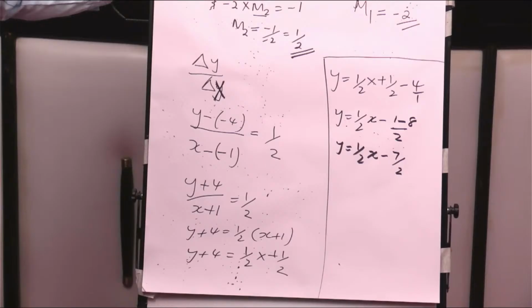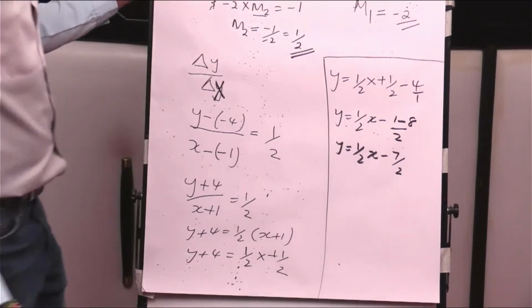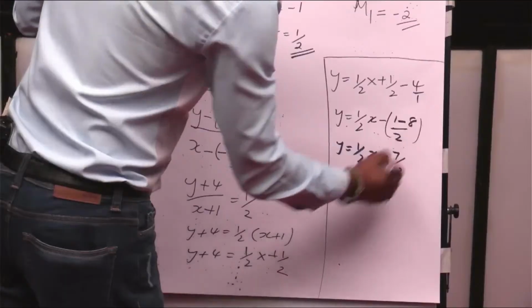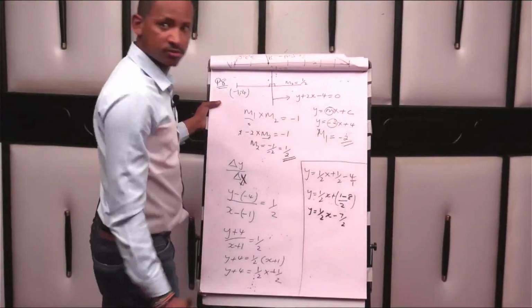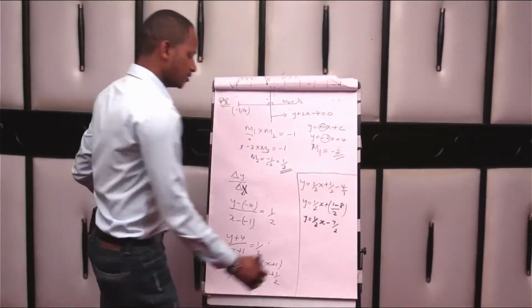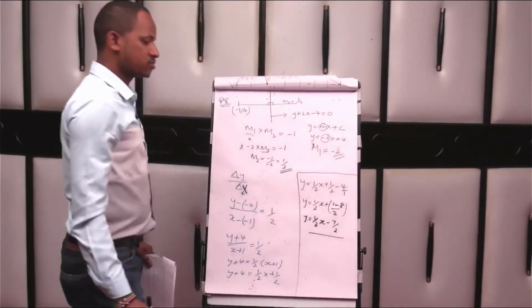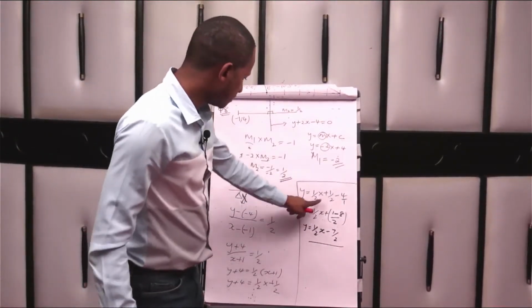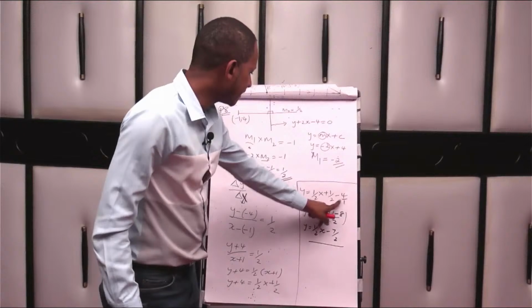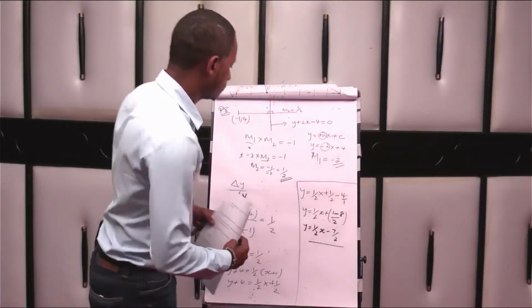Is it? Yeah. This is plus, so it becomes minus 7 over 2. So this is the equation of the second line. So be very careful with these signs. Yeah, this is minus 7 over 2. That is correct.